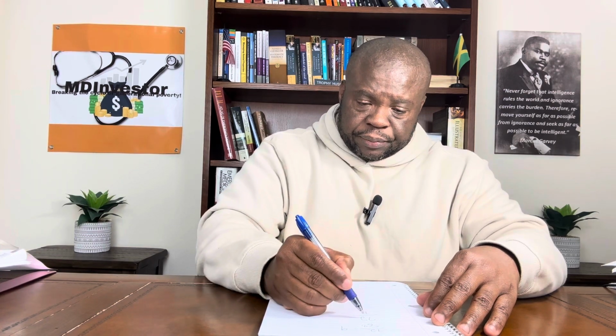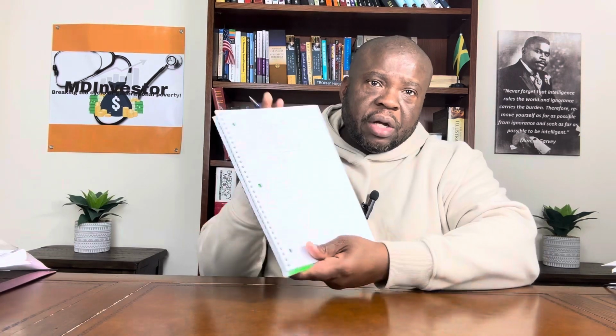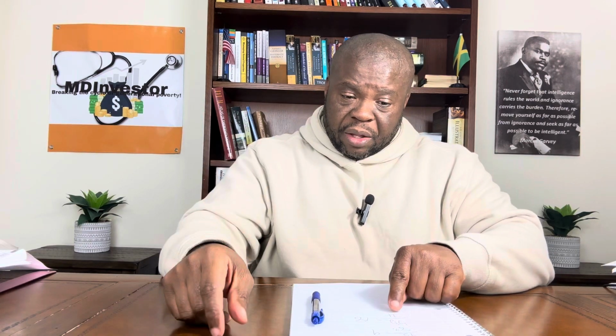So 72 divided by 4 is going to be 18. So it's going to take 18 years for your money to double, right? The 4% return is half of what the 8% return is, and it took double the 9 years.